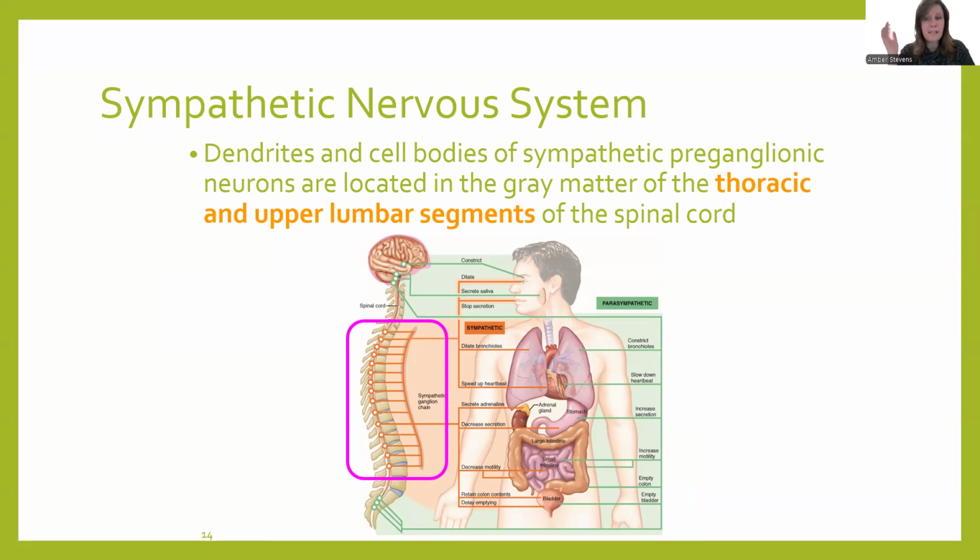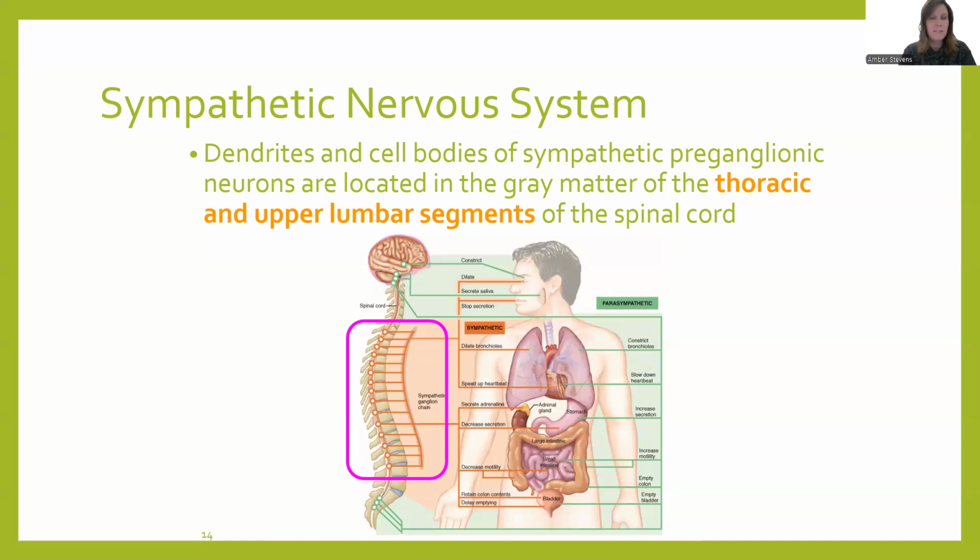This is when the axon leaves the spinal cord in the anterior or ventral root of the spinal nerve, enters the spinal nerve, but soon leaves as it extends to and through the sympathetic ganglion and terminates in the collateral ganglion.